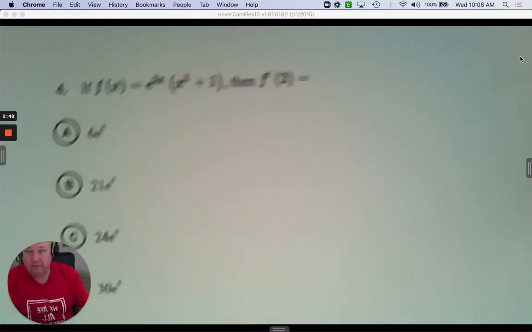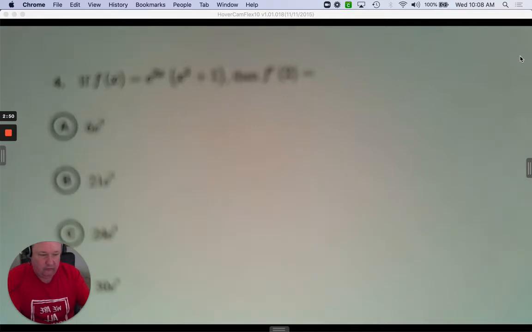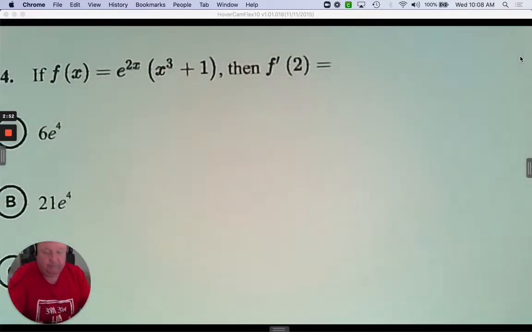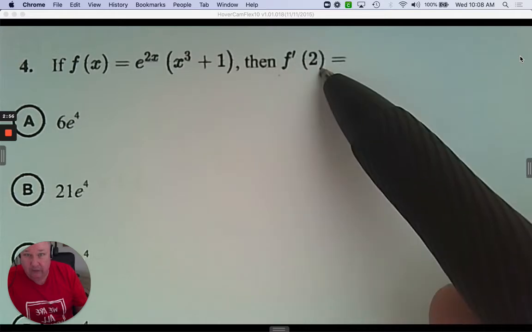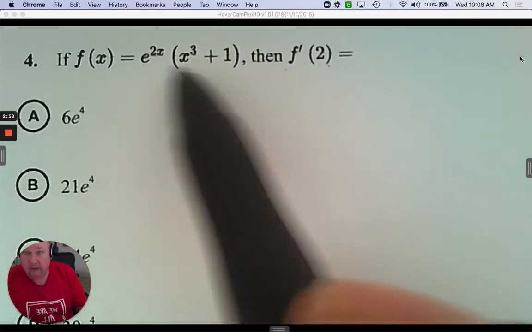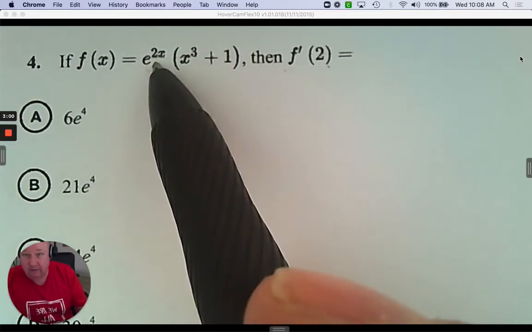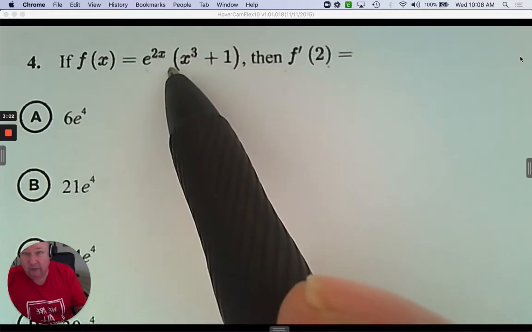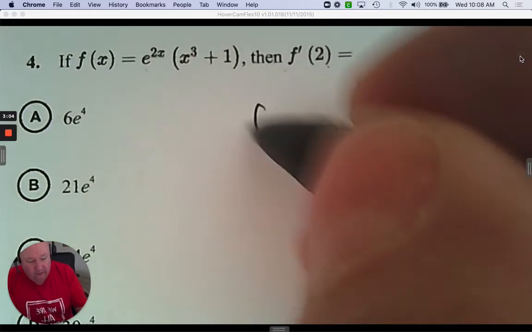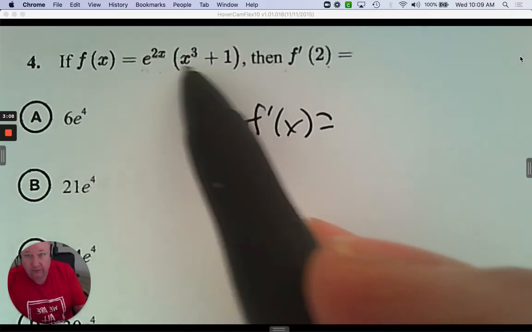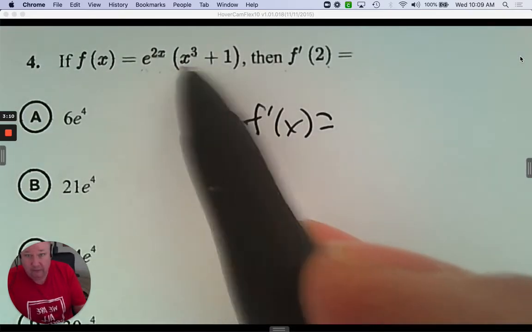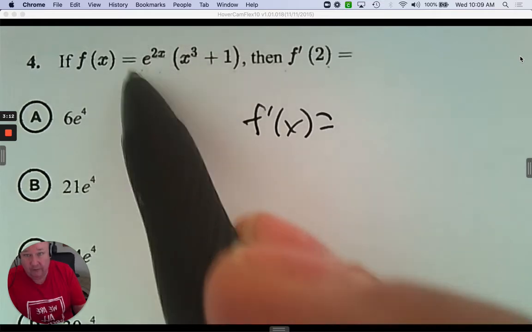Number 4, you're given a function, and you're asked to find the derivative at 2. My support here is e to the 2x, x cubed plus 1. This is the product rule. When you take the derivative, you go the first times the derivative of the second plus the second times the derivative of the first.